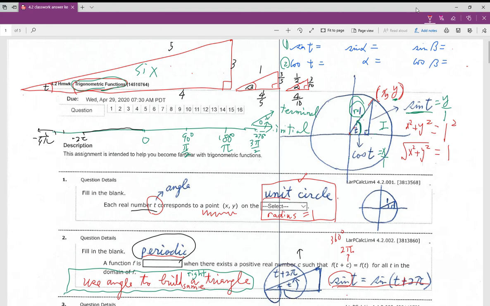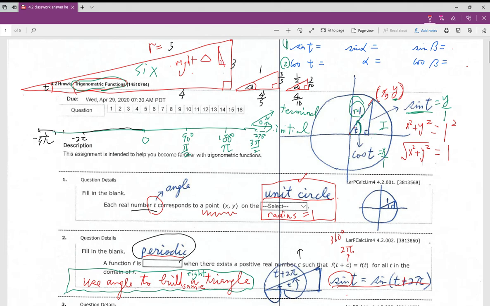It's not a unit circle because the radius is not 1. The radius is 5, so this circle is supposed to be very, very big. I cannot draw it. But anyway, any angle will build a right triangle.